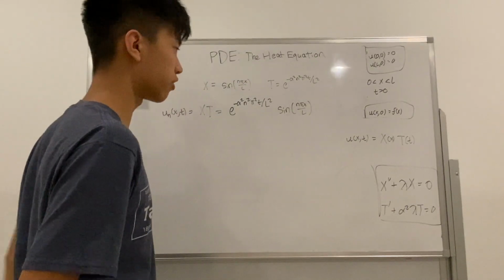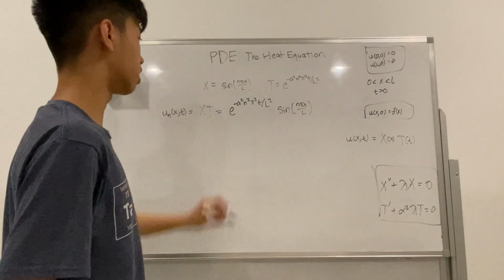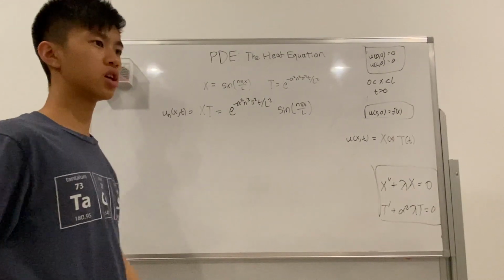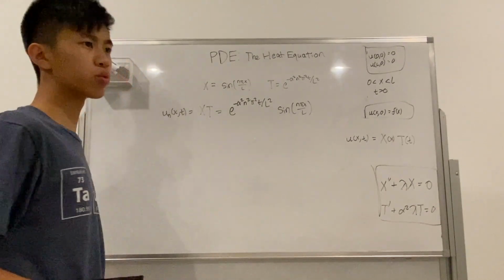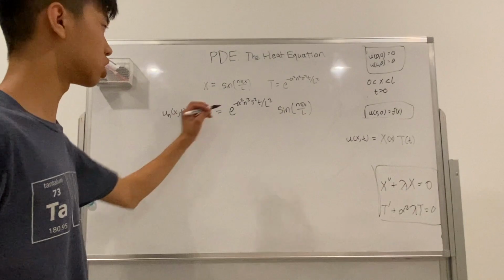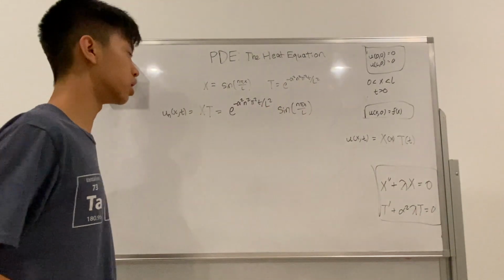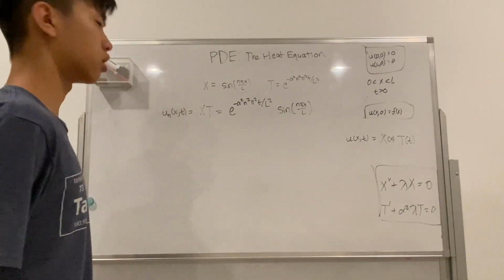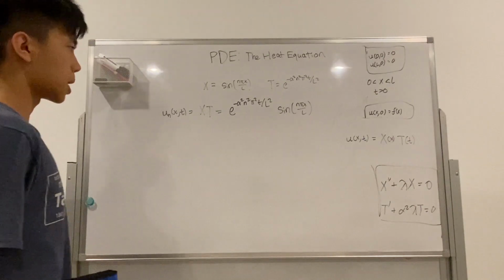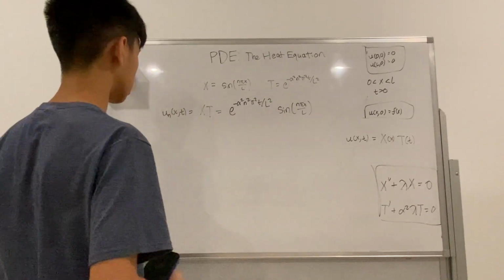But this is not our definite solution because there's an n, so it varies between every n. And remember, we need a Fourier series. This is just a singular term in a vast array of solutions.